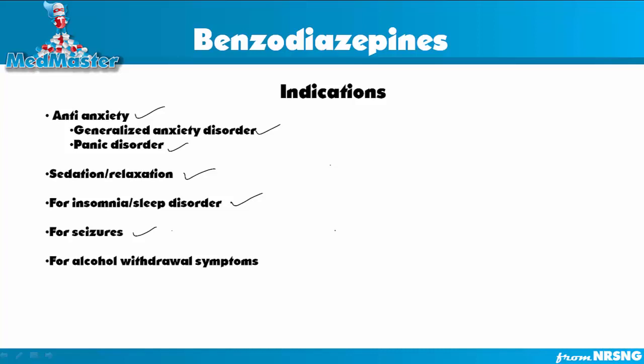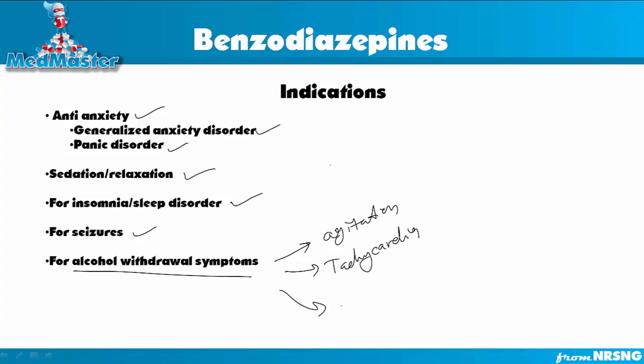This medication is also used for alcohol withdrawal symptoms. Whenever a person comes to the hospital who is alcoholic and drinks a lot of alcohol at home, suddenly they are not going to be getting any alcohol in the hospital. So they will go into alcohol withdrawal with symptoms like agitation, tachycardia, and hypertension.